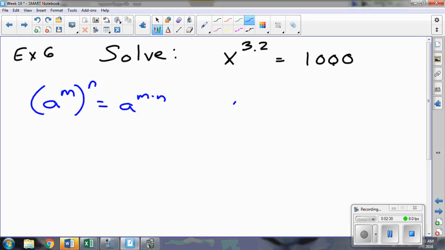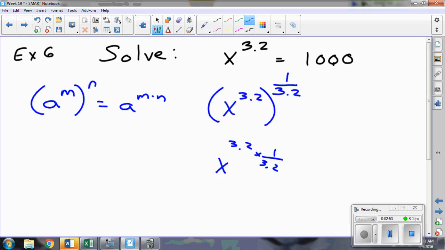If we want to get rid of a 3.2 exponent, we raise it to another exponent also. We will raise it to the 1 over 3.2. Because when we do this, we would have 3.2 times 1 over 3.2. And what happens to those exponents? They turn into just 1, so we'd have x to the first, and x to the first is, of course, just plain x.